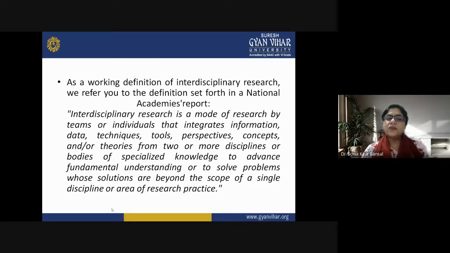As a working definition of interdisciplinary research, we refer you to the definition set forth in a National Academy's report.